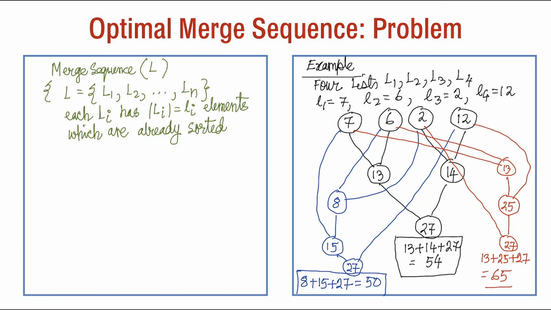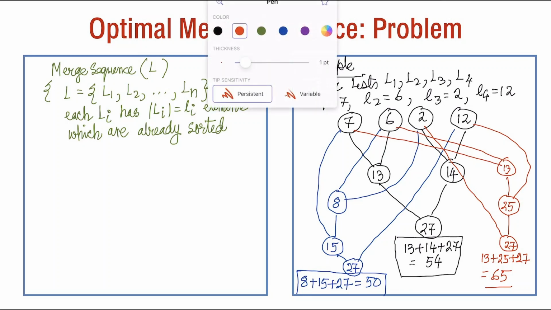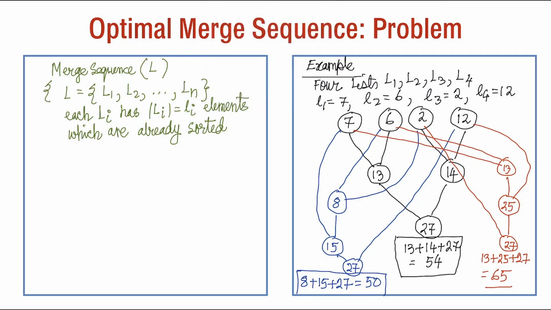Let us repeat it. 7 and 6 will take 13 computations. Then we add that to 12, we get 25 computations. Then we add that to 2, we get 27. We can get an even worse one. The worst one would be if we combine 7 and 12, we will get 19.